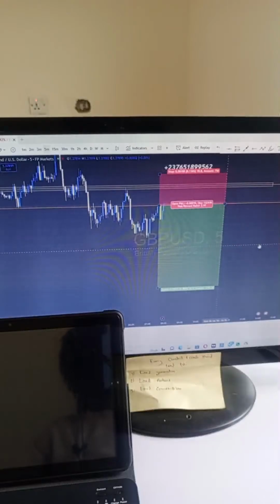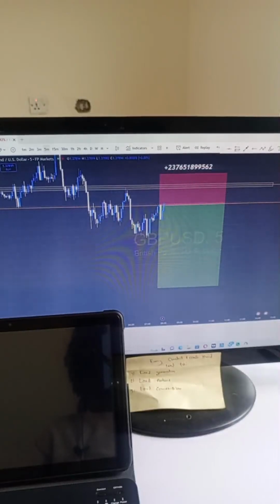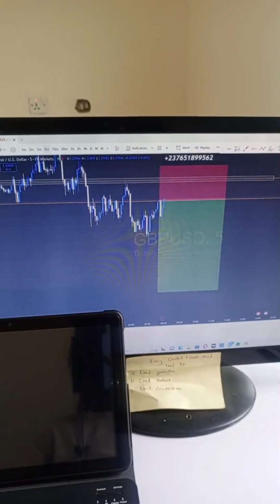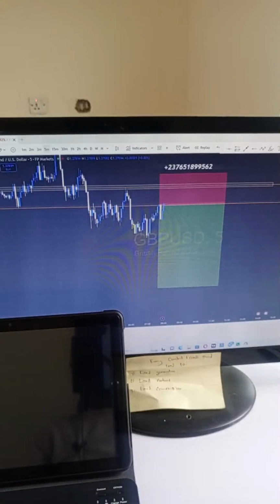It's a 1:3 setup, which means if you're risking $100, you should be targeting $300 today. If you're risking $10, $30, a minimum of $20. That's just it. Never risk one to get one. It doesn't add up.